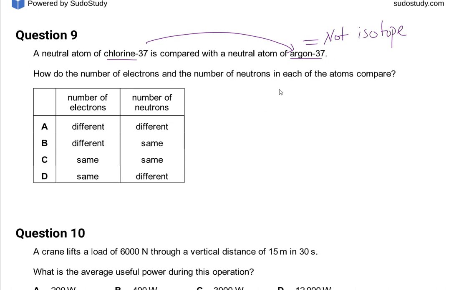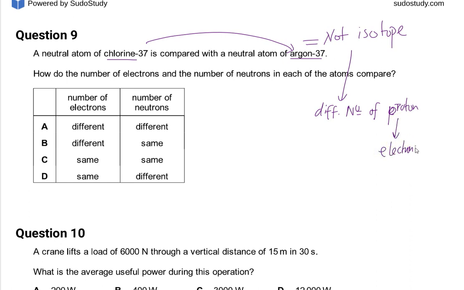So if they are not isotopes, it means they will have a different number of protons, and by default, a different number of electrons.